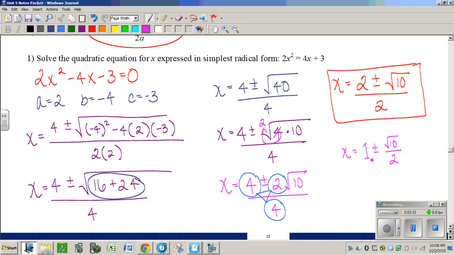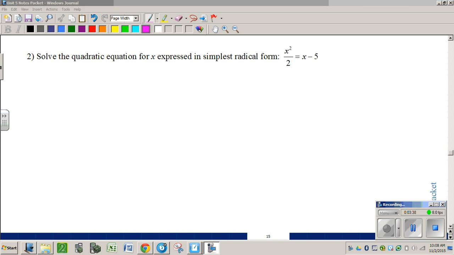All right. Go ahead and take a look at number 2. Number 2 has x squared over 2 equals x minus 5. So the first thing that I want to do is get rid of the fact that there is a 2 dividing there. One of the things that I can do is my roots will stay the same.